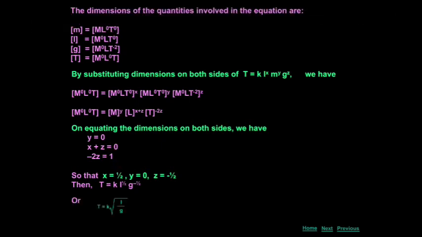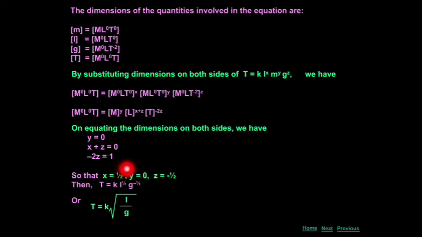See the screen. Sir, how do we come to this? T is equal to K into L power 1 by 2. Then G power minus 1 by 2 goes to the denominator side. So K into L power 1 by 2 divided by G power 1 by 2.